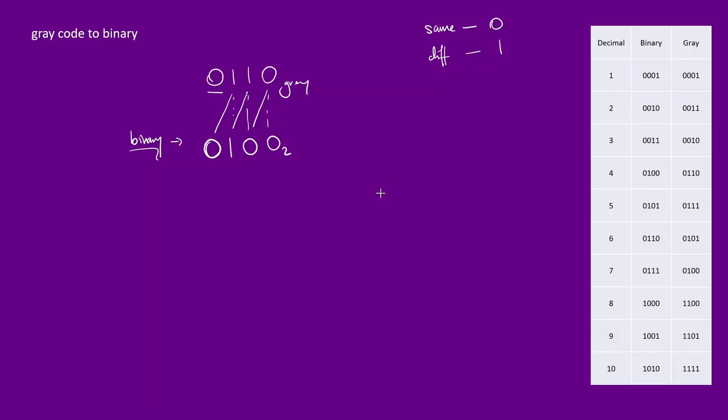So let's see if we can do another one. So gray of 1101, and we're trying to find the binary equivalent. Recall we maintain the MSB, so that's 1, and move over to the next. 1 XOR 1, those are the same, so we get a 0.